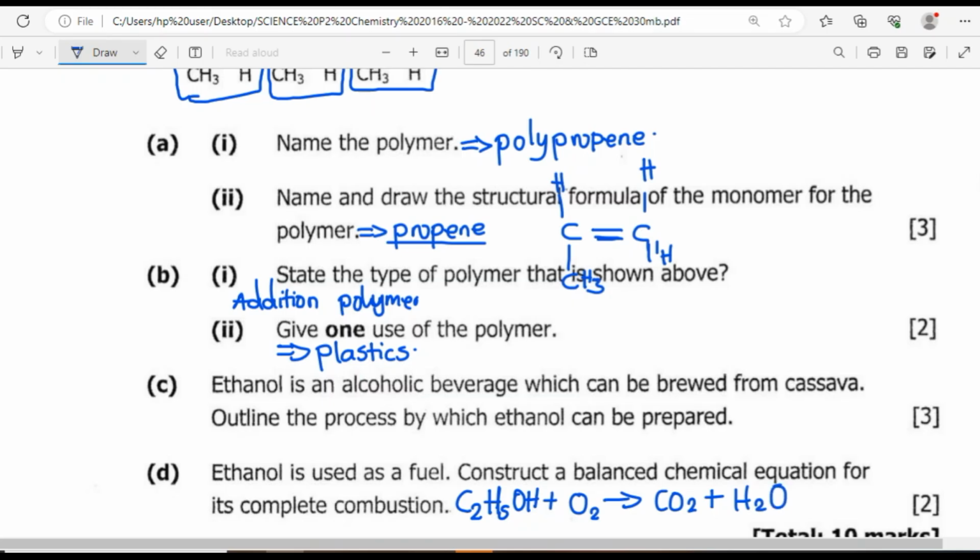Then from there, what you just have to do here is make sure you balance. So how can we balance? Let's put 2 here so that we have 2 carbons. Then we put 3 here. 3 times 2, we have 6.